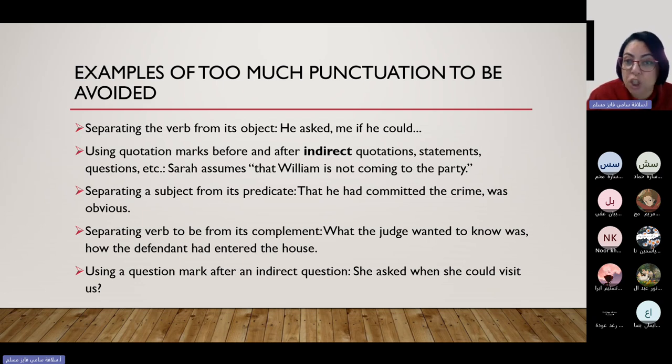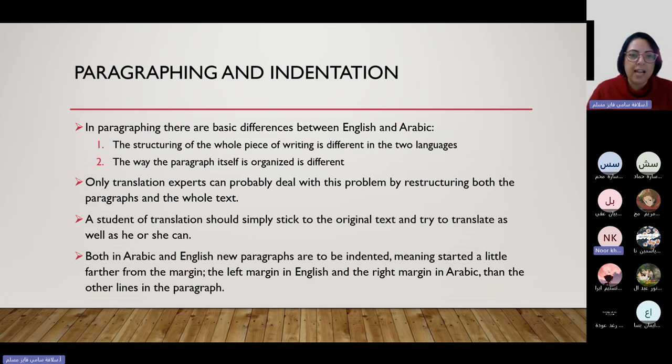Why is this not a question? Because the verb comes after the subject. If it was a question, the verb should have been before the subject. Do you understand all this? Yes. Clear? Okay. The last few things.